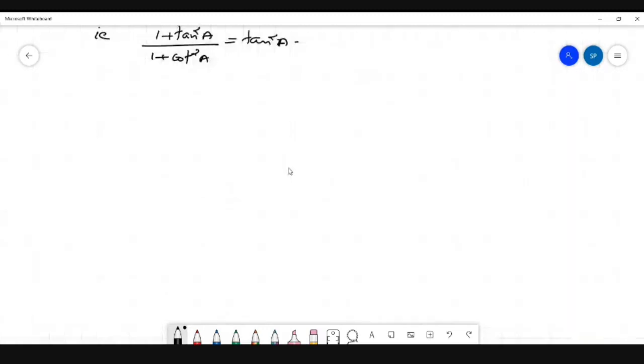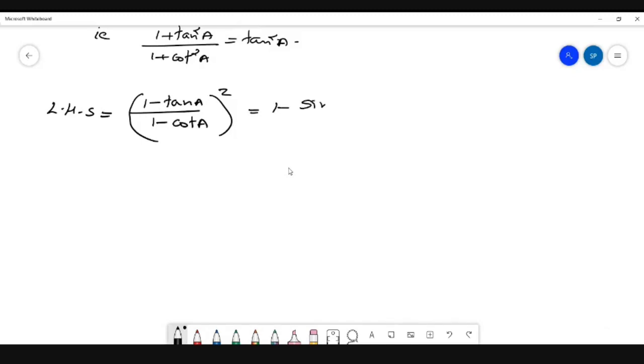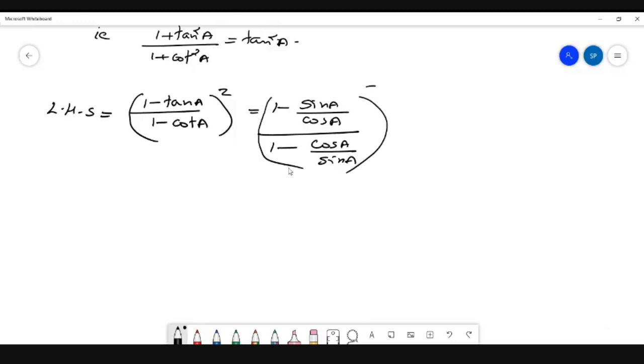So here again we have to prove that (1 minus tan A) divided by (1 minus cot A), the whole square, equals tan square A. Let us take the left hand side. 1 minus tan A can be written as 1 minus sin A by cos A, divided by 1 minus cot A, which is 1 minus cos A by sin A, the whole square.